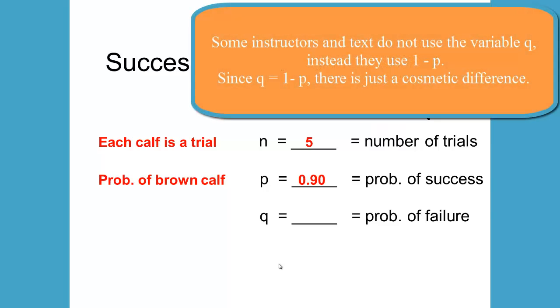Q is the probability of failure. And remember, a failure may not necessarily be a bad thing. It's just the opposite of what we're looking for, or the complement of what we are looking for. So in our case, that's the probability of not a brown calf. And if 90% of the calves are brown, that leaves 10% of the calves not being brown, or 0.10.